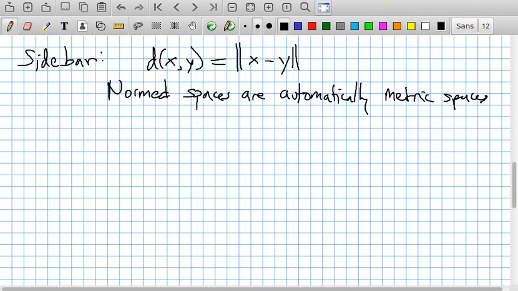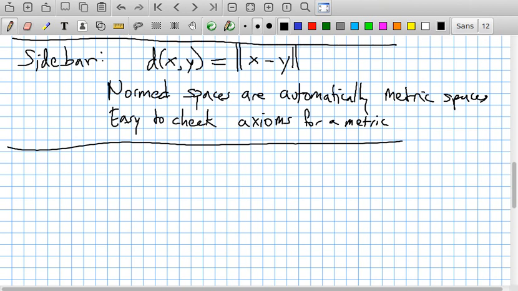And you can check all the topology type axioms for a metric pretty easily. If you want to play around with this and you get stuck, just come by and ask me. I'll work it through. But it's not too hard. Okay, end sidebar.